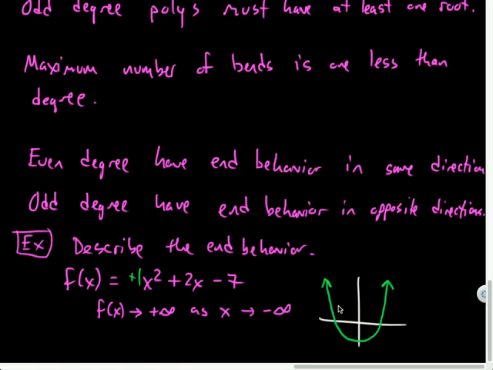So basically I'm saying this goes up as we go to the left. And similarly for here, f of x goes to positive infinity as x goes to positive infinity. So basically I'm describing that y was increasing as x was increasing. This is just the mathy way to describe end behavior. Okay?